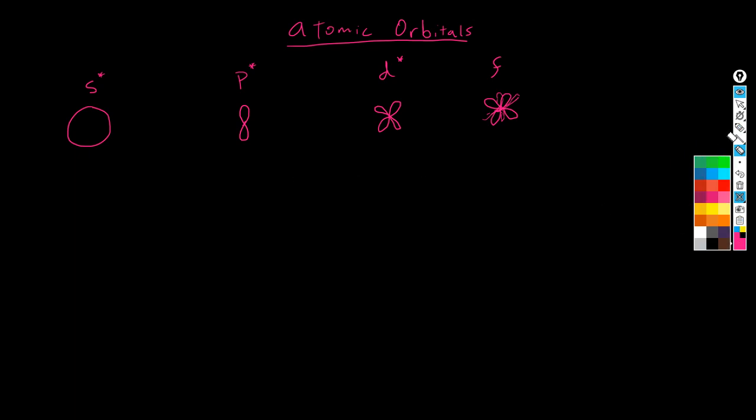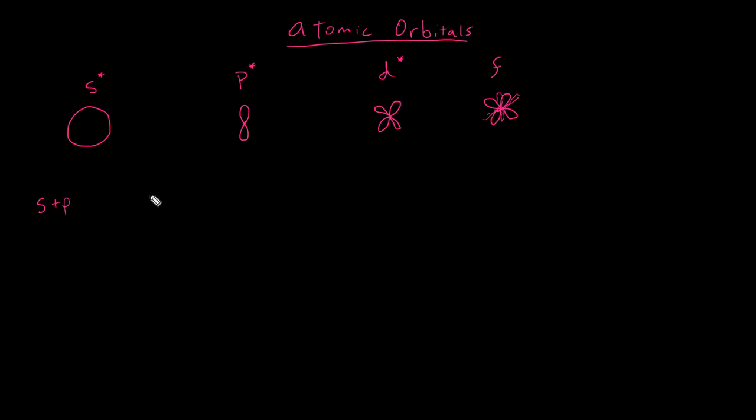When we grab these atomic orbitals, like we said, the s and the p orbital, for example, if we combine an s and a p orbital together, we'll get what we call a hybrid sp orbital. So these are the atomic orbitals.